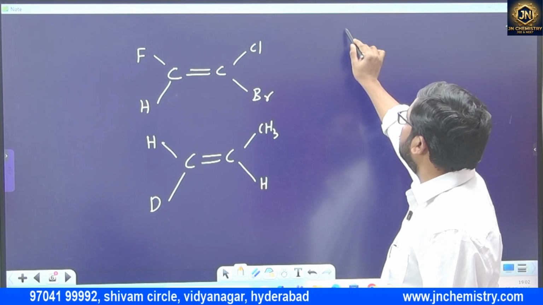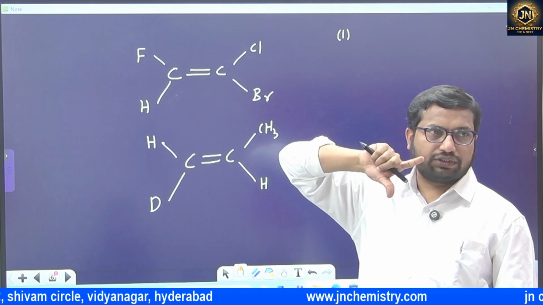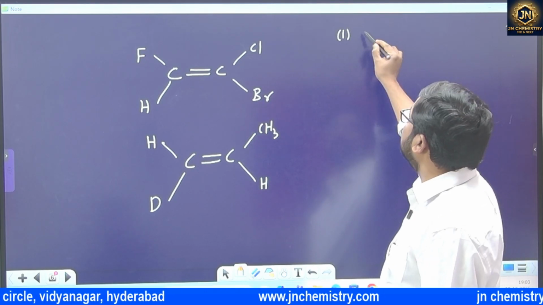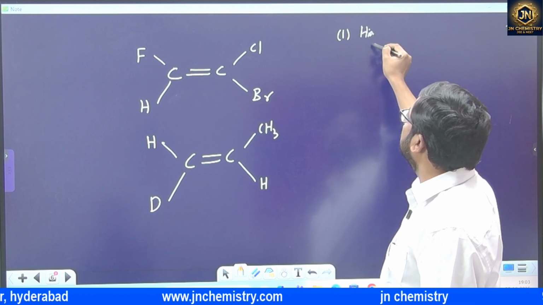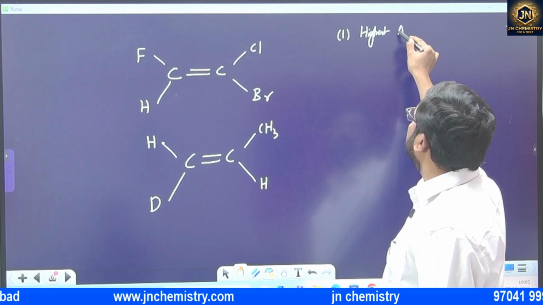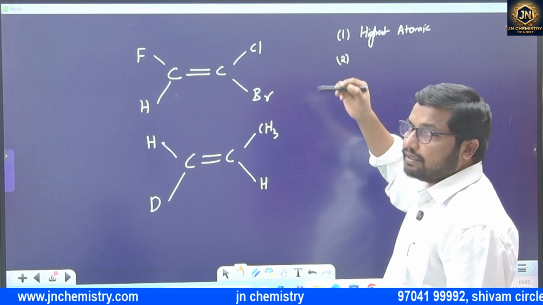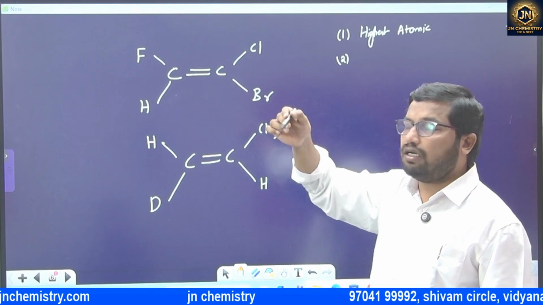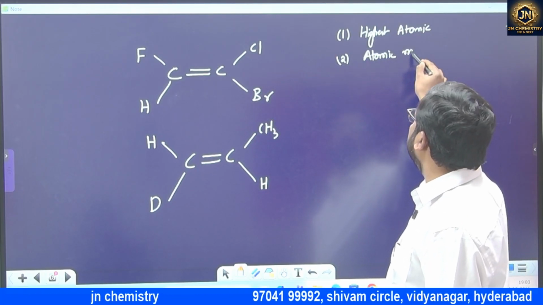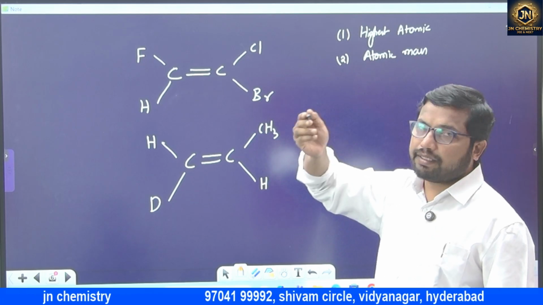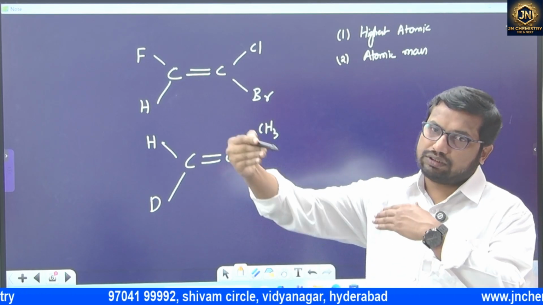First we cross-check the directly attached atoms, the highest atomic number. If that is the same, we go with the atomic mass. If both atomic masses are the same, then we need to go to the adjacent one and cross-check like that.